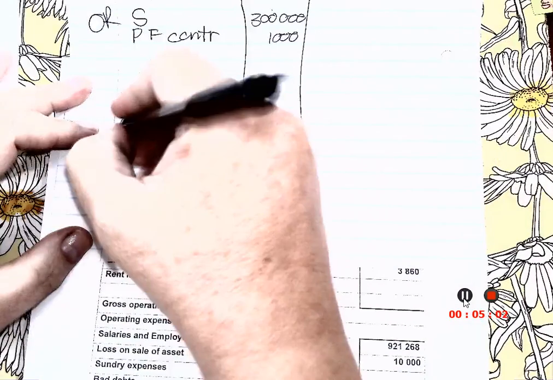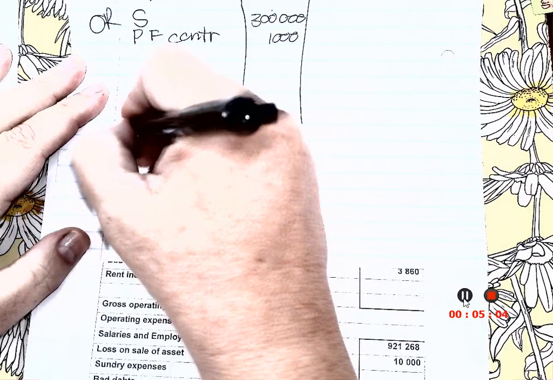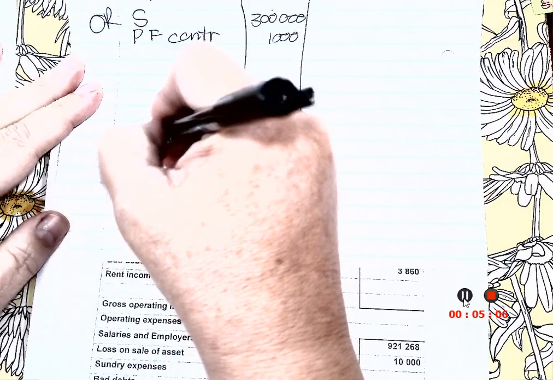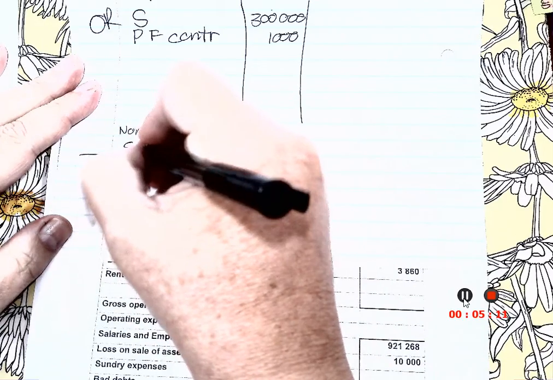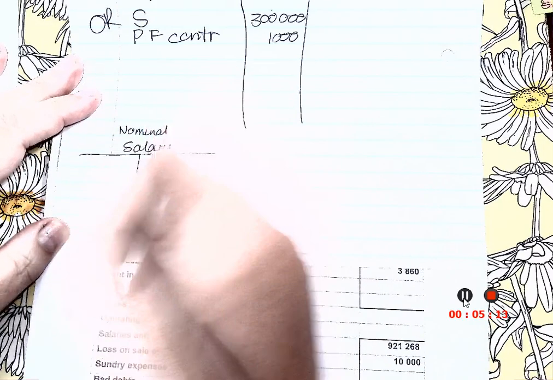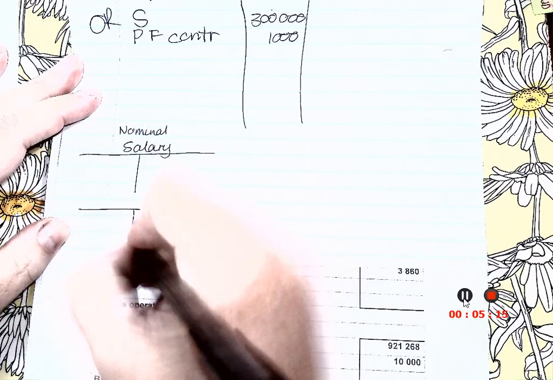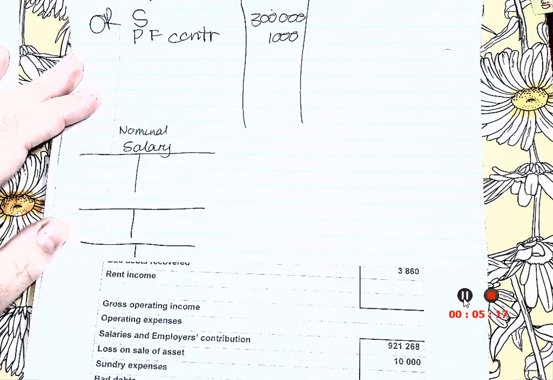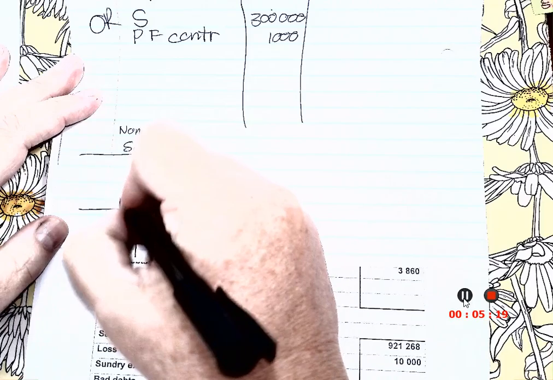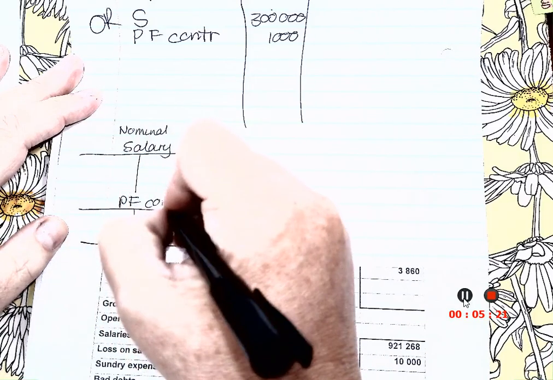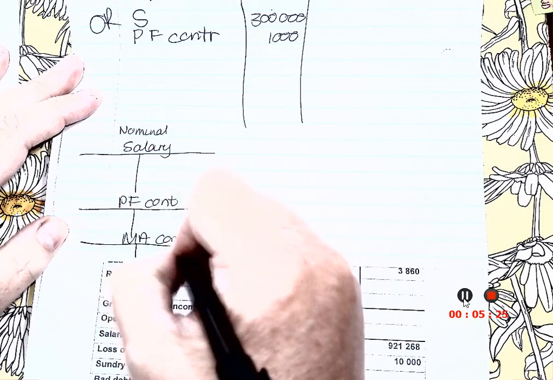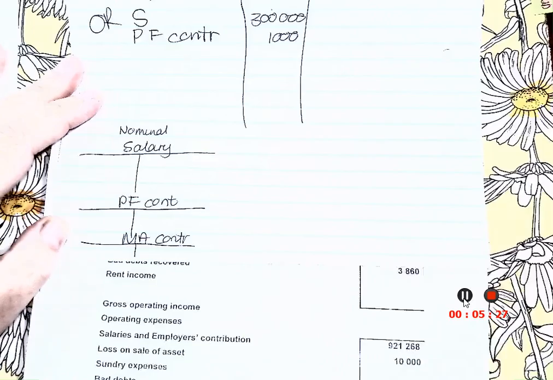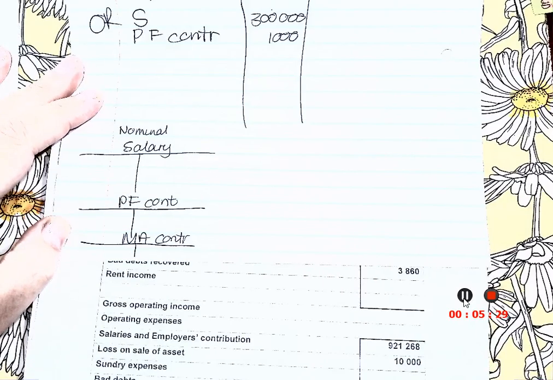On the one side, let's say this is my nominal side. On the nominal side, I'll have my salary. And I'll have all the contributions. Okay. Let's say there's a pension fund contribution and there's a medical aid contribution, for instance. Okay, it can be UIF as well, and so forth.